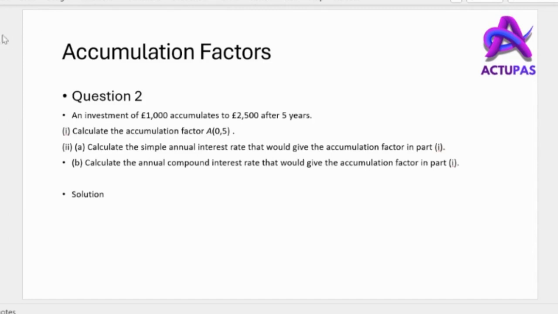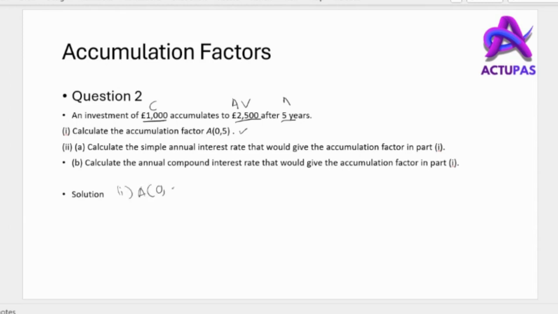Let's just do a question that would help us understand this. An investment of 1,000 accumulates to 2,500 after 5 years. So 1,000 is the capital, 2,500 is the accumulated value, and 5 years is N. Calculate the accumulation factor A(0 to 5). So we'll start with 1.